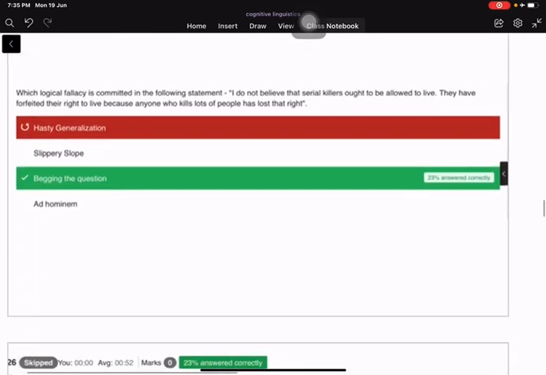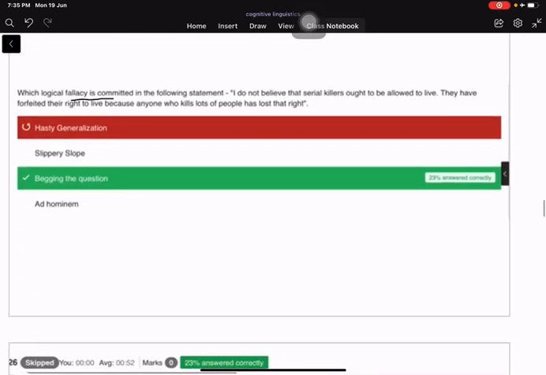The next: which logical fallacy is committed in the following statement? I do not believe that serial killers ought to be allowed to live. They have forfeited their right to live because anyone who kills lots of people has lost the right.